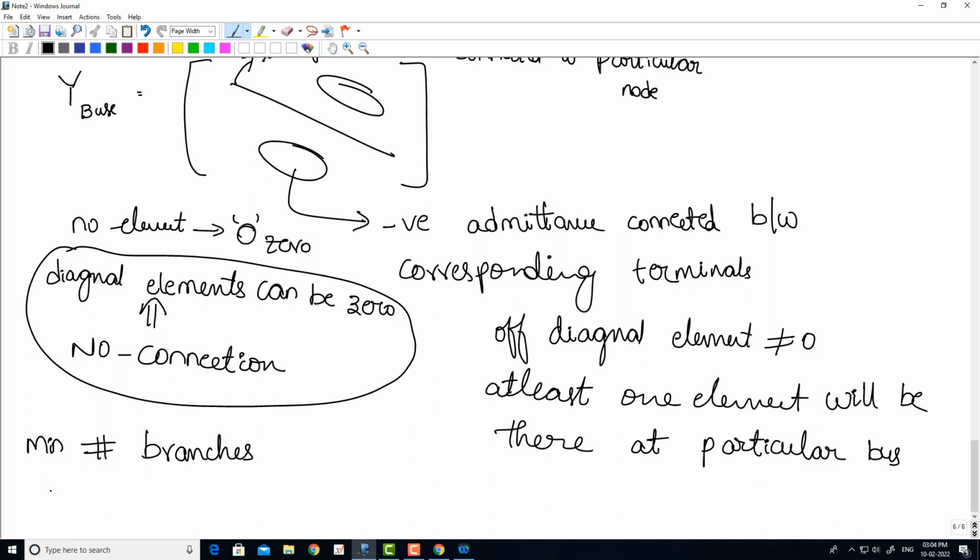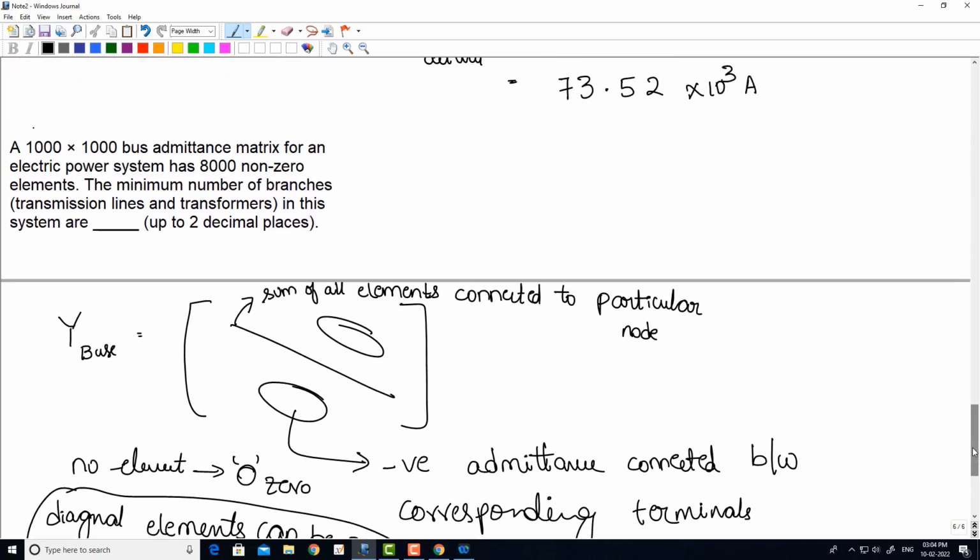In the question, the dimension of the Y-bus matrix is given as 1000 cross 1000. And it is also said that the number of non-zero elements is 8000.